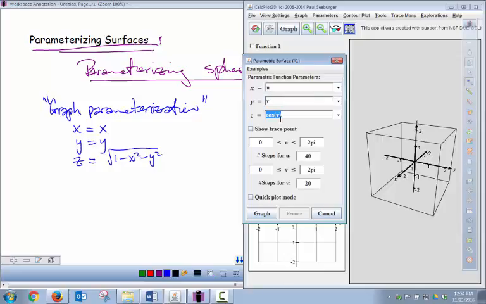And so this is going to be the square root of 1 minus u squared minus v squared. And if we're talking about this as a unit circle, it has radius 1. So I can see this coming from minus 1 to 1, and then minus 1 to 1.